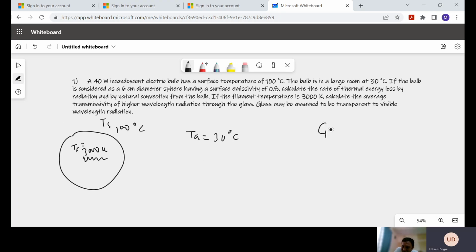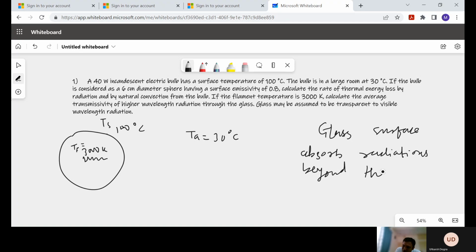So the glass surface absorbs radiations beyond the visible range. Do you agree with me when I am saying this statement? The glass surface absorbs the radiations beyond the visible range.